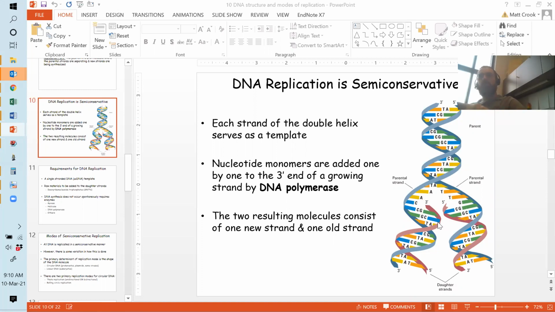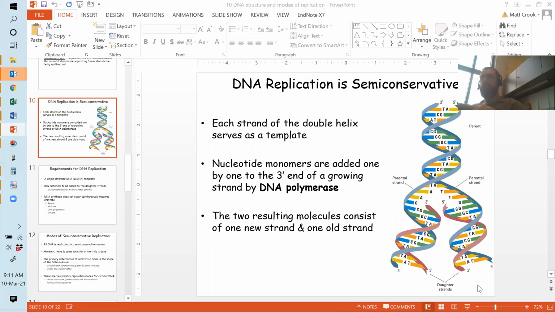But now you can see that we've got a problem. This daughter strand is all good. It's getting synthesized up the screen because its 3' end points up in this picture. This strand, however, is not. It is going in the opposite direction. That's the whole deal of the anti-parallel double helix. That's the problem it causes.